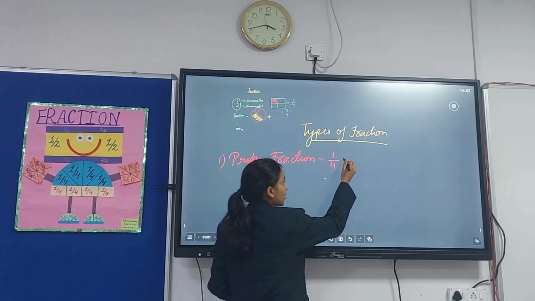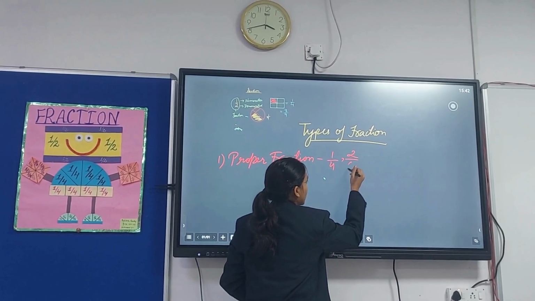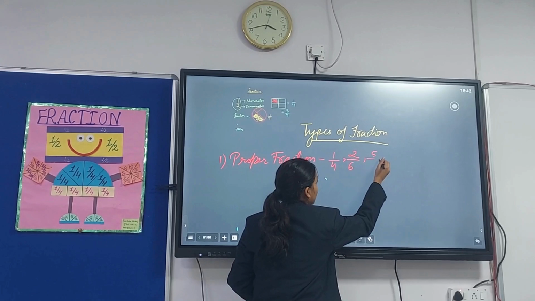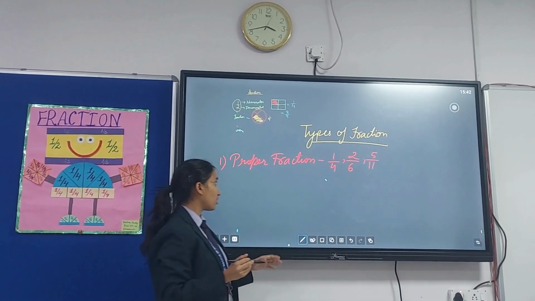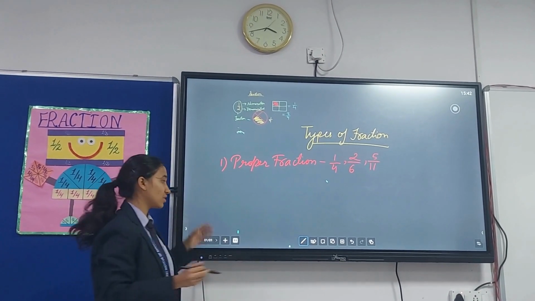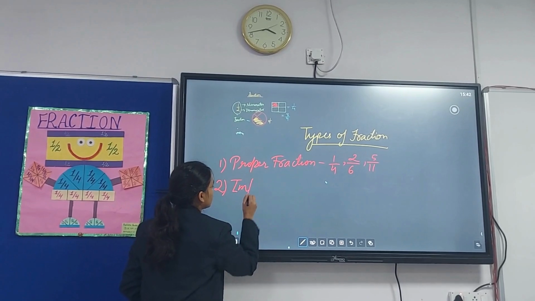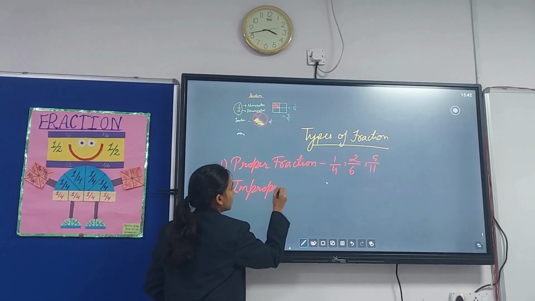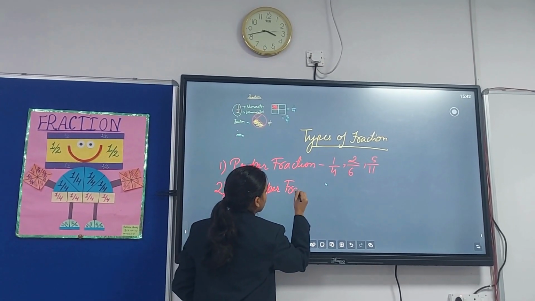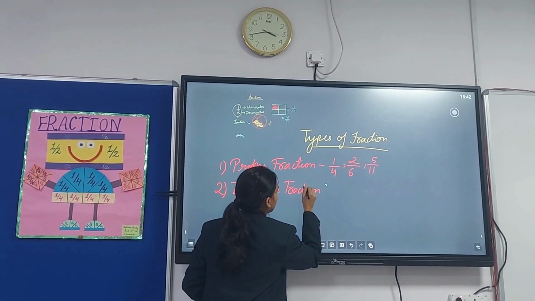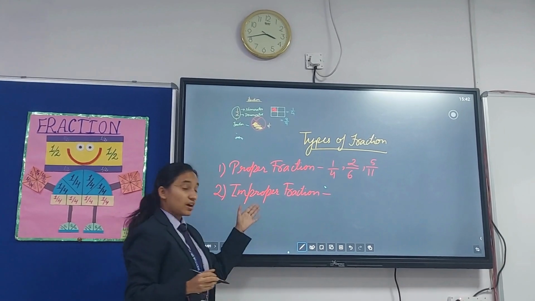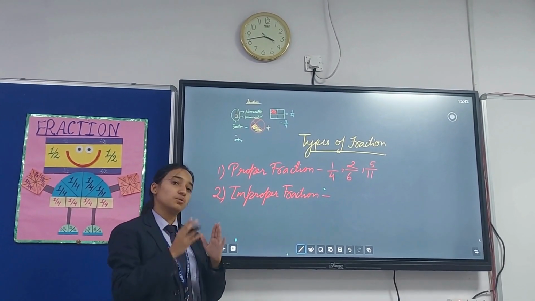Few more examples: 2 by 6, 5 by 11. These are more examples of proper fractions. Now the second one is improper fraction. These are the fractions which are opposite to the proper fraction.